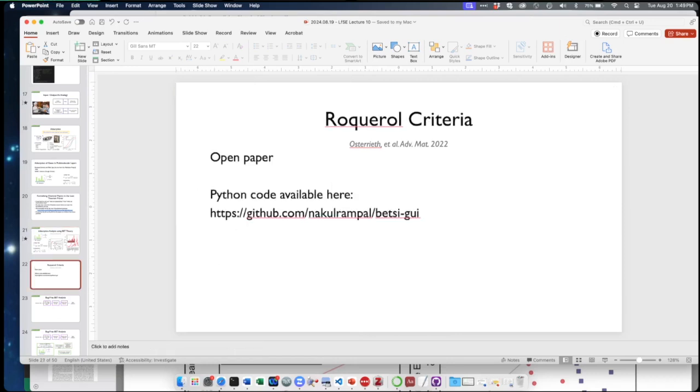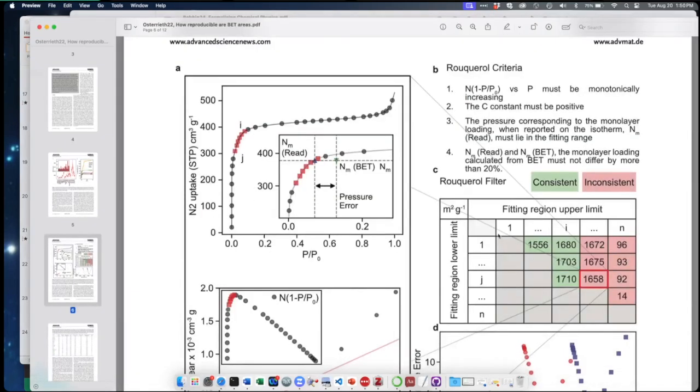Okay, so how does their method work and what's the problem? So the problem is, in practice, you go and you get experimental data, but not all of that data is understood to be relevant to the BET model. The BET model brings in all sorts of assumptions about molecules interacting with the surface, stacking on multiple layers.